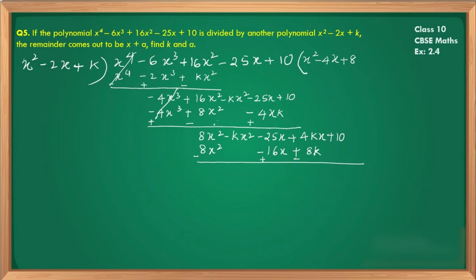Now this gets cancelled. Here we write down minus kx square, and here we can take the difference and that becomes minus 9x, because 25 is the bigger number and that has the minus sign, therefore minus 9x is what we got. Here these two are unlike terms, write down as it is plus 4kx and then minus 8k and bring this plus 10 as it is down.